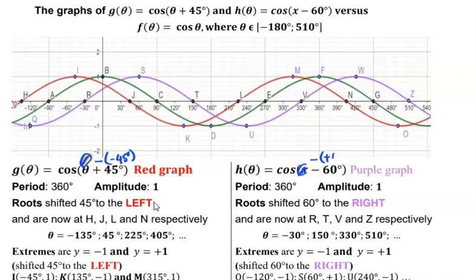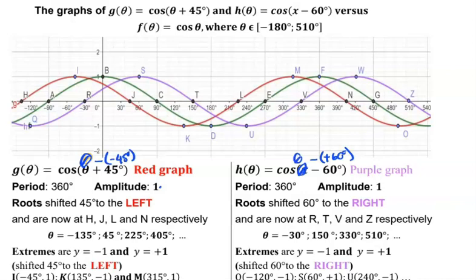minus plus 60 degrees. So please look at the values here, and we will notice that the shifting did not change the period, it did not change the amplitude, it just shifted the whole graph to the left or to the right.